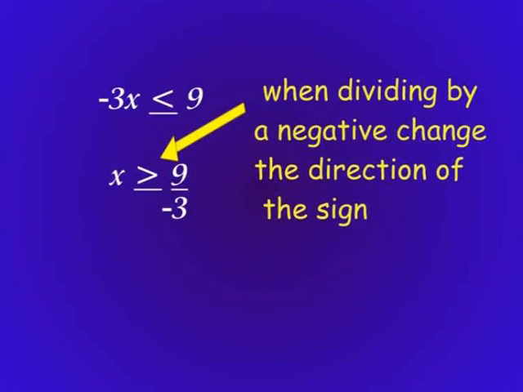If I have negative 3x is less than or equals to 9, the shortcut would be divide 9 by negative 3, but change the direction of the sign so it becomes x is greater than or equals to 9 divided by negative 3, which means that x is greater than or equals to negative 3.